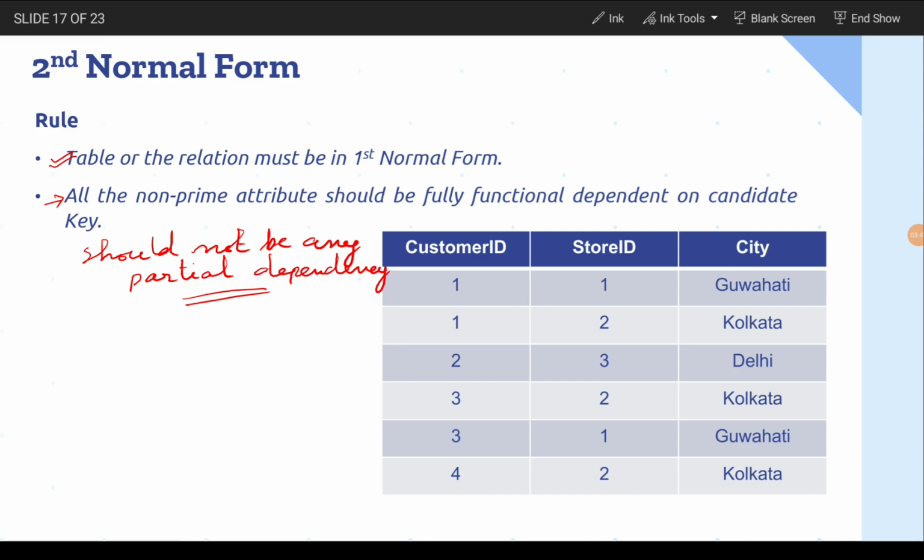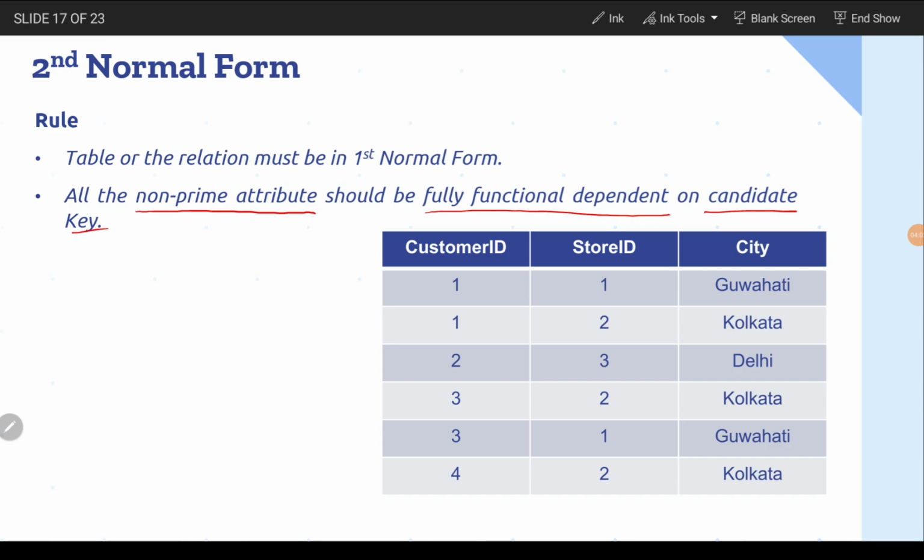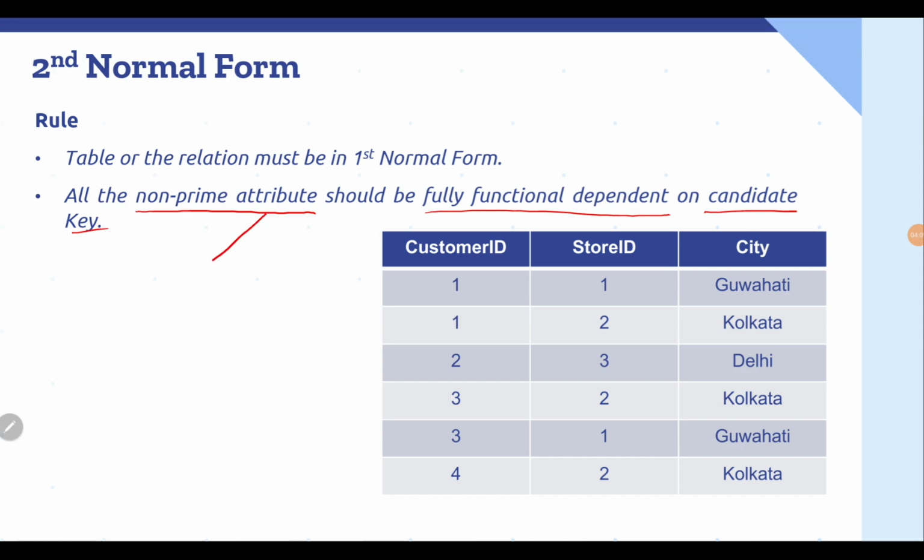Now let's try to understand what a non-prime attribute is, what fully functional dependent means, and what a candidate key is. In our previous discussion we covered types of attributes. Attributes can be divided into two parts: prime attributes and non-prime attributes.